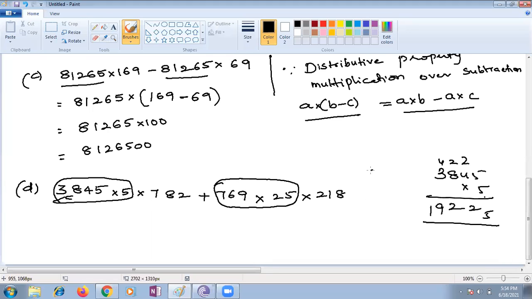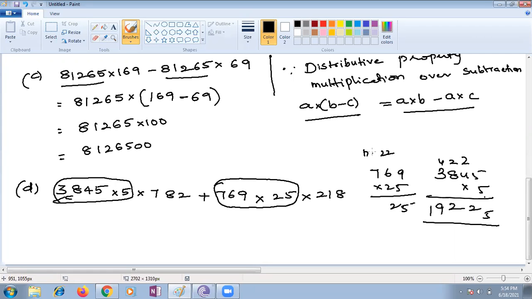In the same way I should multiply 769 with 25. 25 nines are 225. 25 sixes are 150, 150 plus 22 is 172.